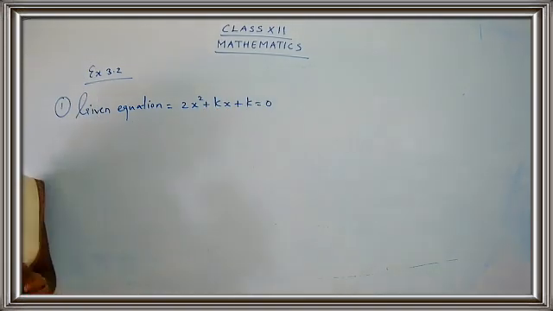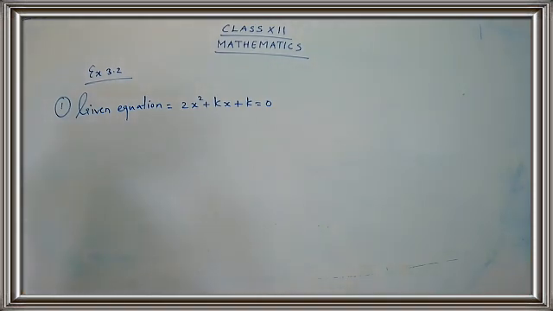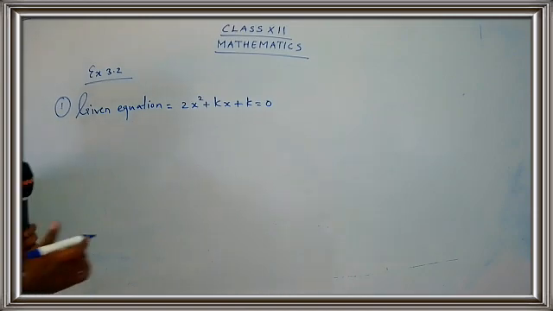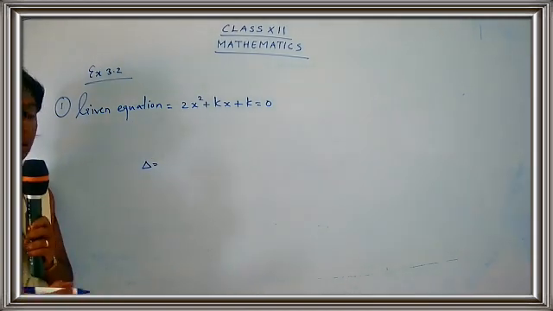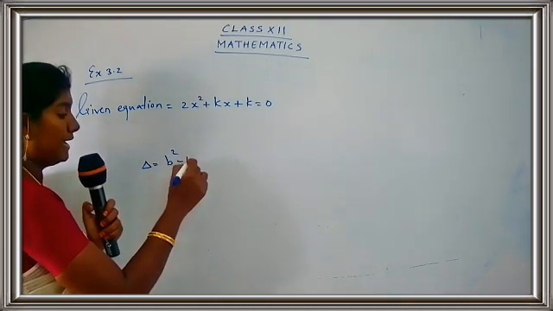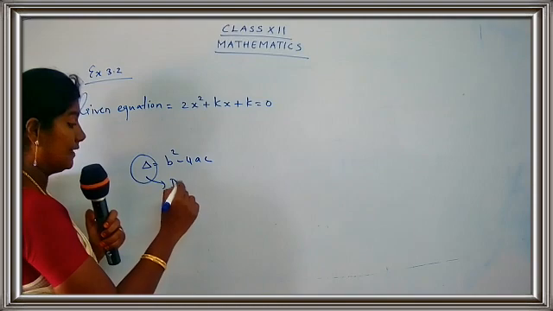This is the equation given to us. Now, they are telling us to discuss the nature of the roots. So if you have to discuss the nature of the roots, you have to find the value for delta. Do you remember the formula for this? It's b square minus 4ac. This is called the discriminant.